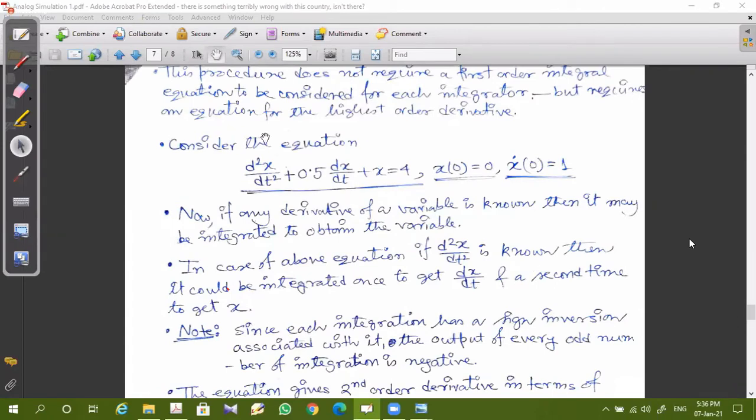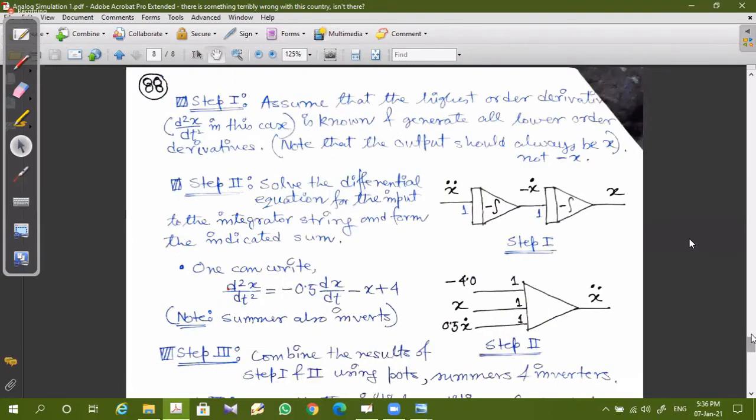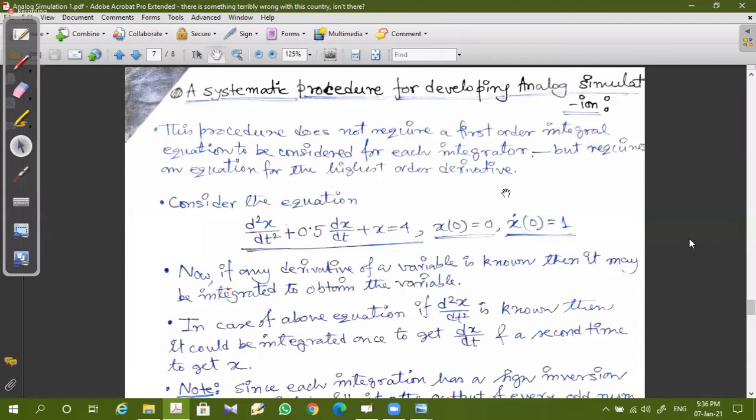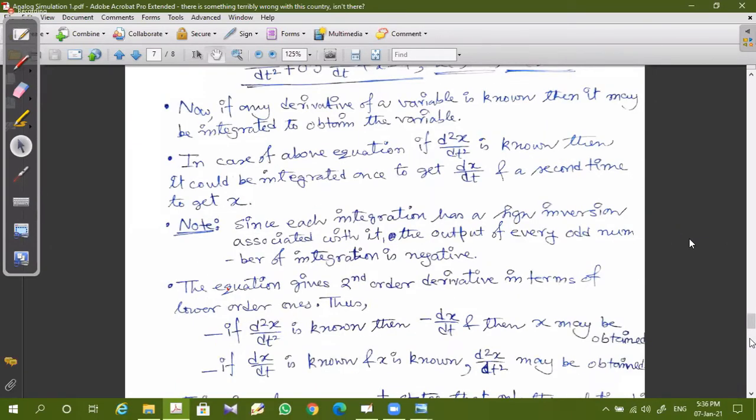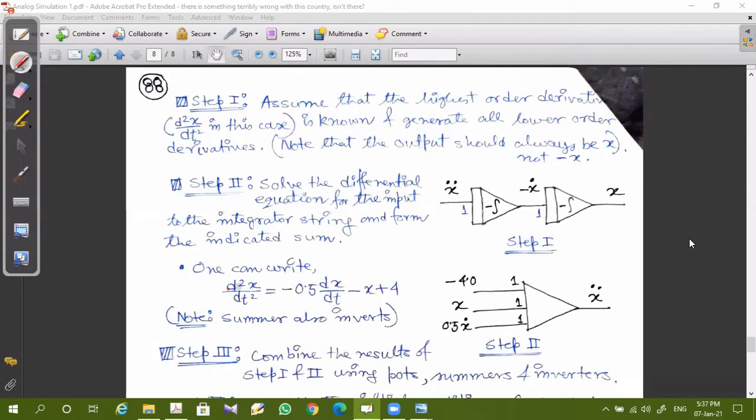So we need to obtain analog simulation for this. Let's see. So this is the first step. What you have to do, you have to write down the equation in this standard form.